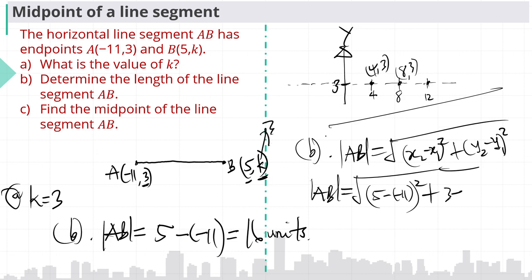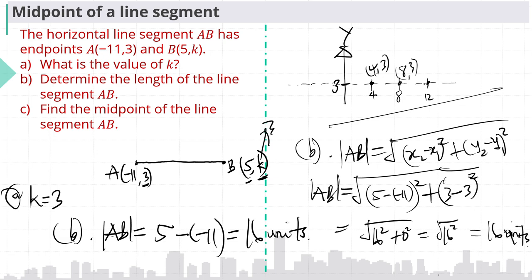We had the value of k to be 3. 3 minus y1, also 3, squared. So we are going to get square root of 16 squared plus 0 squared. It gives 16 units. So any of these two methods will yield the same result.